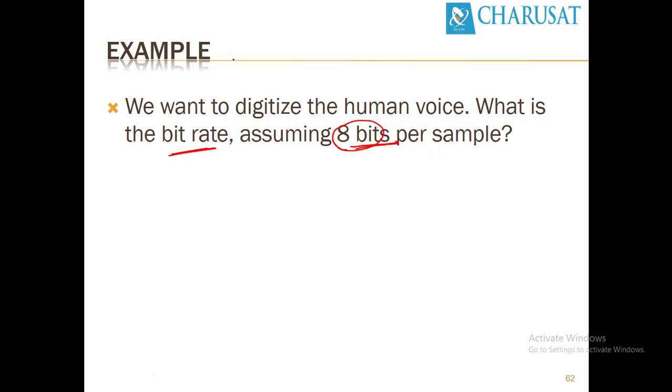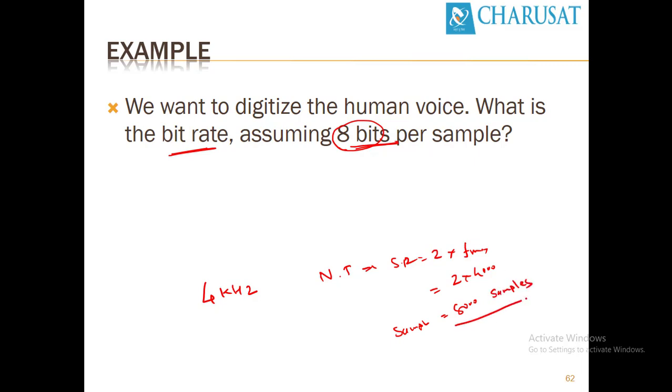We know very well that the frequency of human voice is 4 kHz. So first, according to the Nyquist theorem, the sampling rate equals 2 times the highest frequency, f max equal to 4 kHz. So 2 times 4000 gives us 8000. So the sampling rate is 8000 samples.